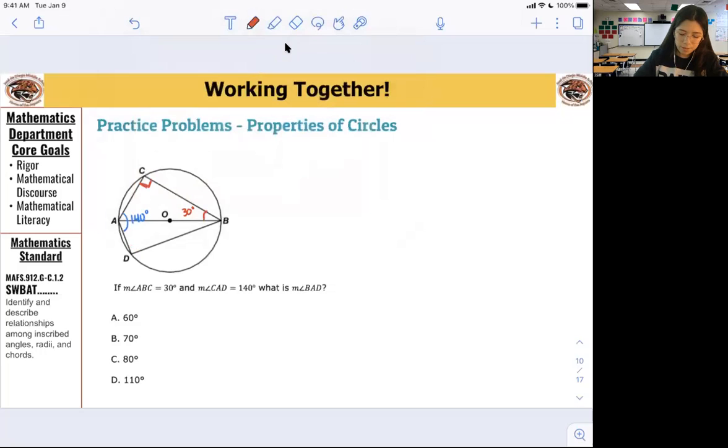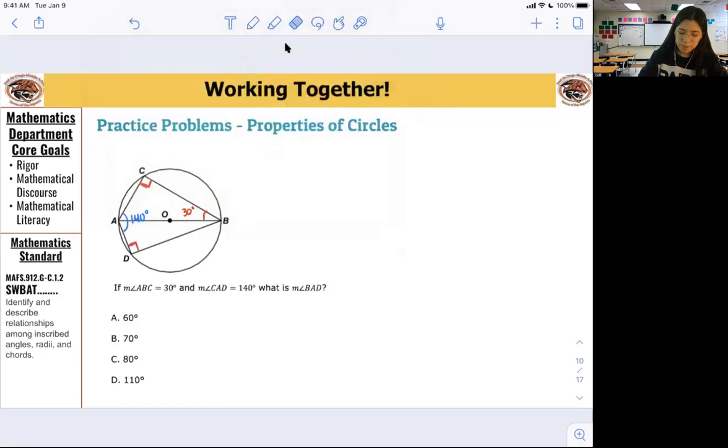How do we know that? Close. It's not a tangent. There it is.